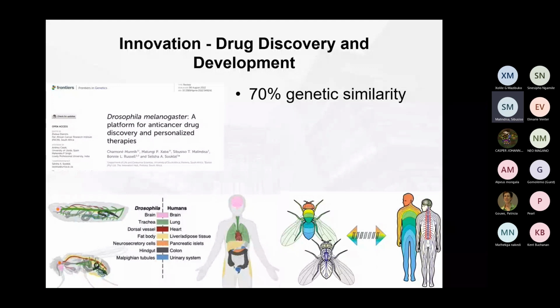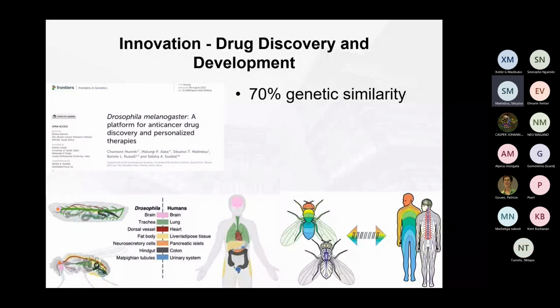What is very interesting about these flies is that we have about 70% genetic similarity, which means the same genes in the flies that are responsible for function are also responsible for the same function in humans. They also have a short generation time, which means you can get thousands and thousands of flies within 2 weeks. And also, they are very easy to maintain.